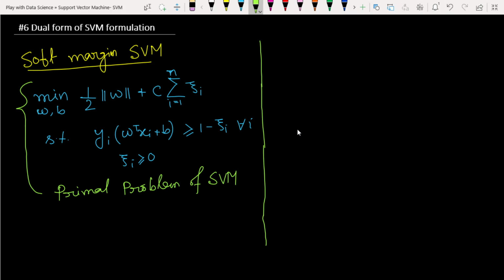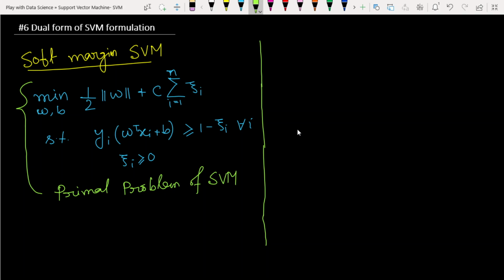This is one kind of mathematical technique. If you are interested in the details of how to convert primal to dual, there is a chapter on dual problems in optimization in mathematics. Just revisit that chapter and you can easily find it.